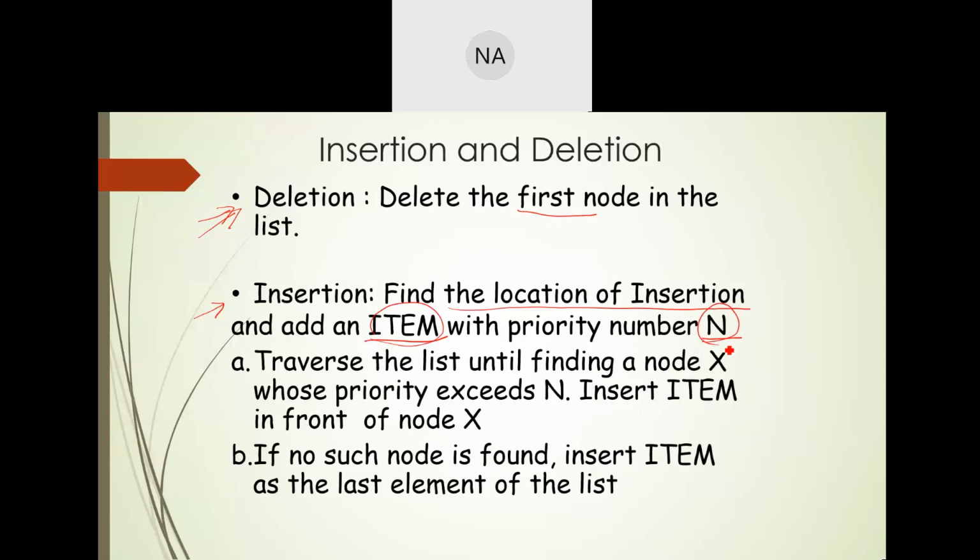For that you will traverse the linked list until finding a node x whose priority exceeds n. Then you will insert item before node x. And if no such node is found, then insert item as the last element of the list.